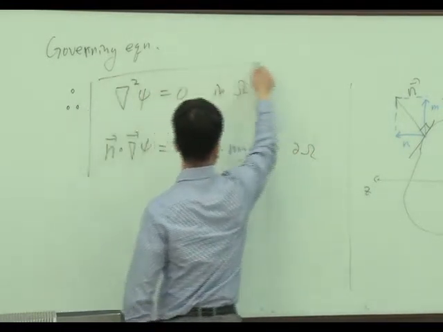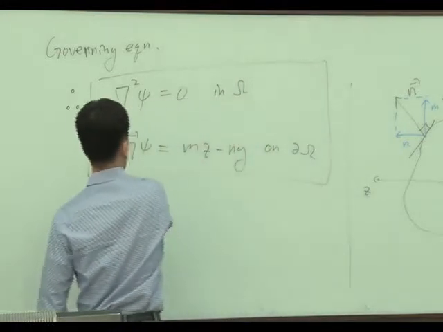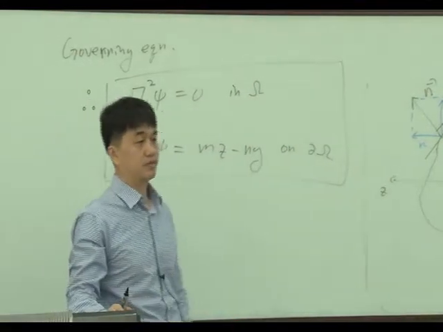This is our governing equation for the twisting problem.